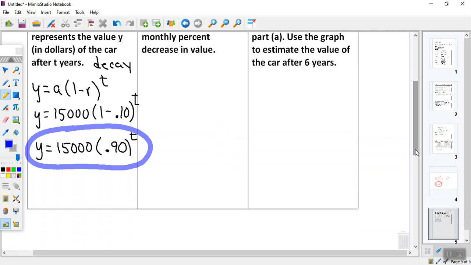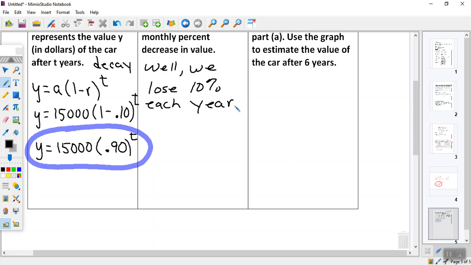So I'm going to write here this. Well, we lose 10% each year. Guys, how many months are in a year? 12.